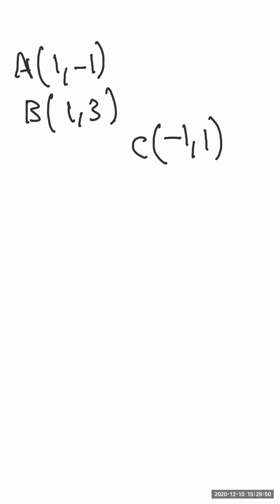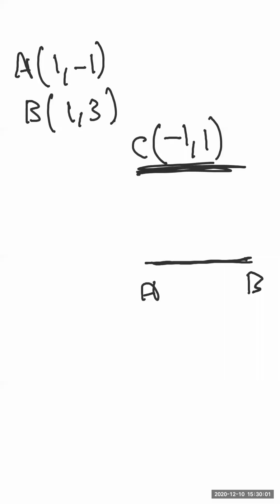Okay, so let's consider that this one is AB, guys. We want to prove that C lies on the axis of symmetry. So if this one is the axis of symmetry, we want to prove that C lies on this axis of symmetry, like this.